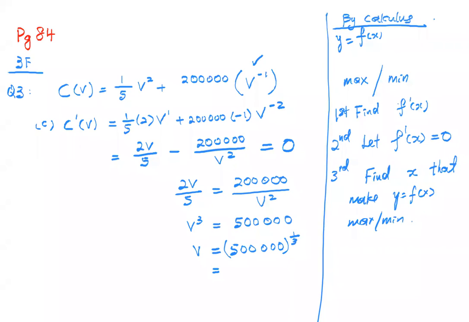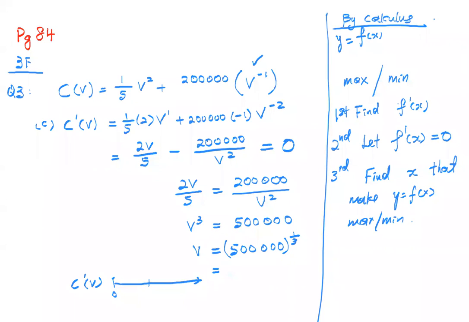So you draw the sign diagram of C prime v. Velocity must be more than 0. So what is the approximate value? Can someone give me? 79.37.